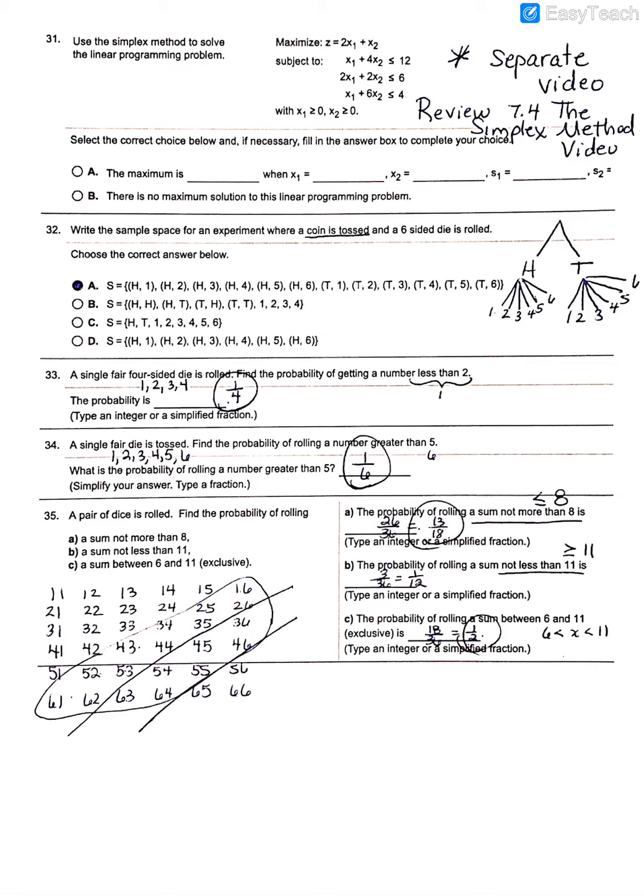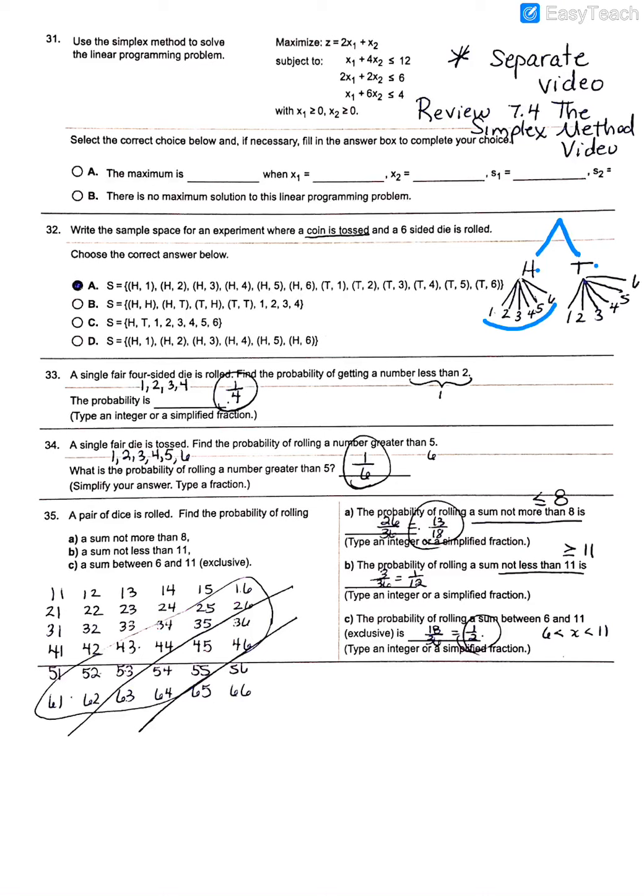All right, on 32, we start getting into the probability. We're being asked to write a sample space where a coin is tossed and a 6-sided die is rolled. I like to draw a tree diagram just to get a picture of what's going on. So notice if I flip the coin, I have one of 2 outcomes, either heads or tails. And then if I roll the die, it's a standard die, so if I flipped a head, I could get any one of 6 outcomes on the die.